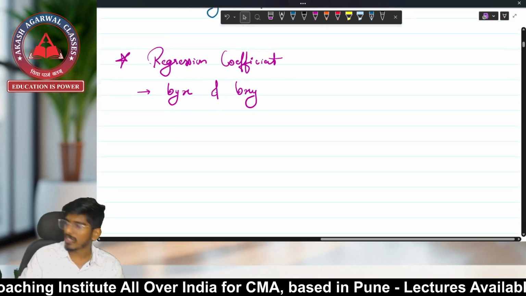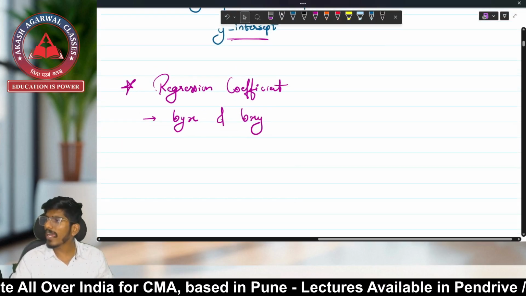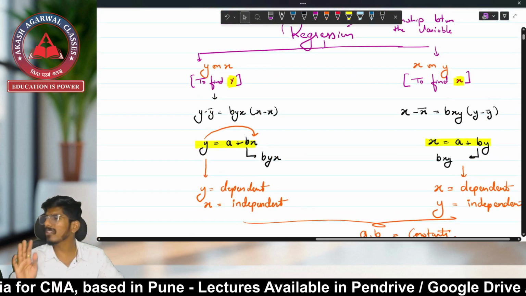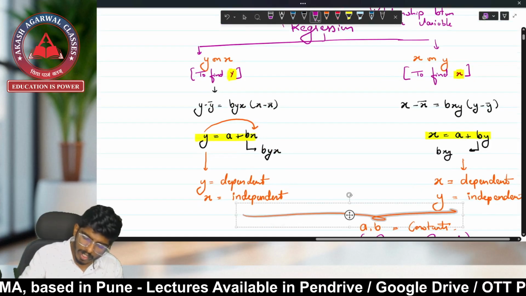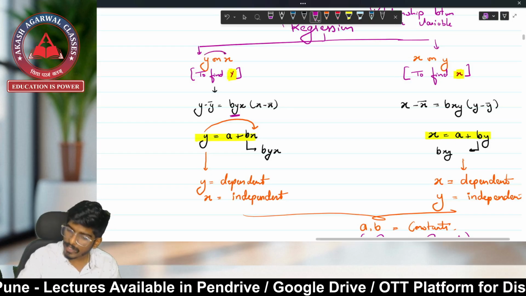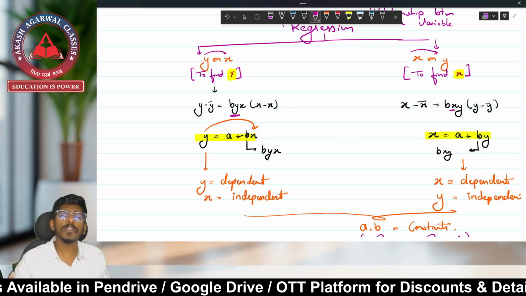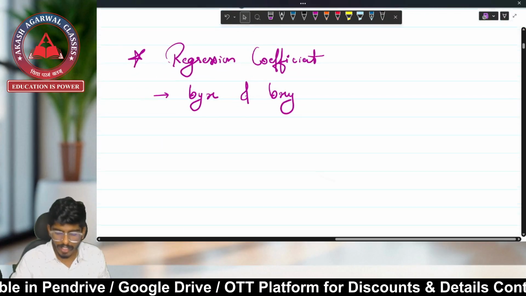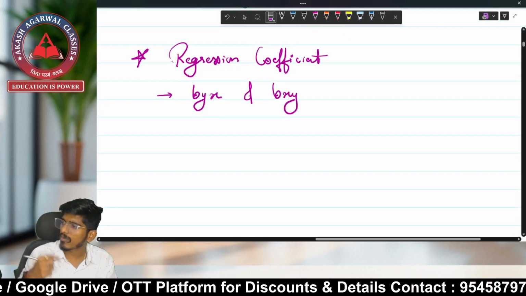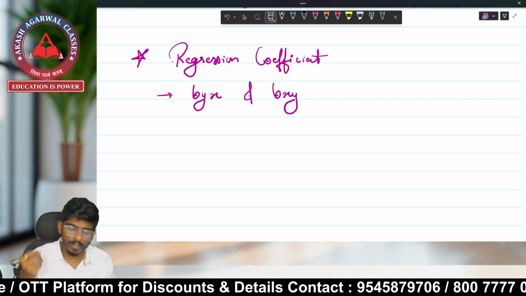Byx. When do we use byx? When I need to find y on x. It is very simple to remember. In byx, y comes first. That means y on x. In bxy, x comes first. That is x on y. So it is a way of keeping in mind. When I'm talking about byx, y comes first. That's why it becomes y on x. In bxy, x comes first, that's why it becomes x on y.